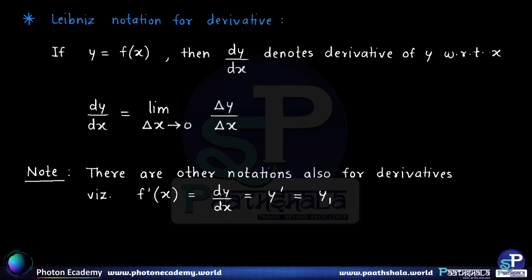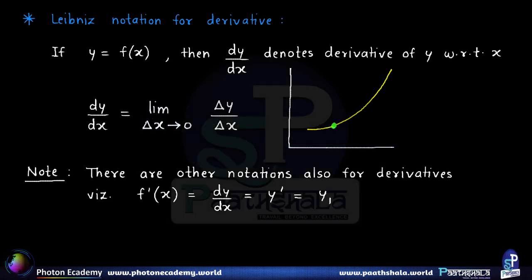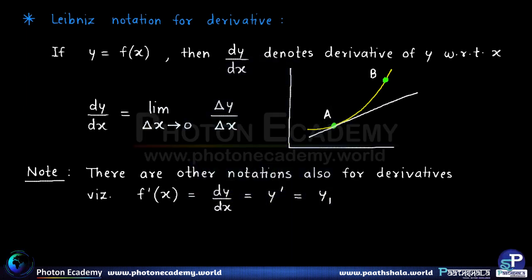It is very similar to the original concept that we saw using the geometrical perspective. Let's consider a curve of some function. Here we consider two points, if you remember, A and B. The tangent at point A looks like this, and the secant joining the points A and B is like this.